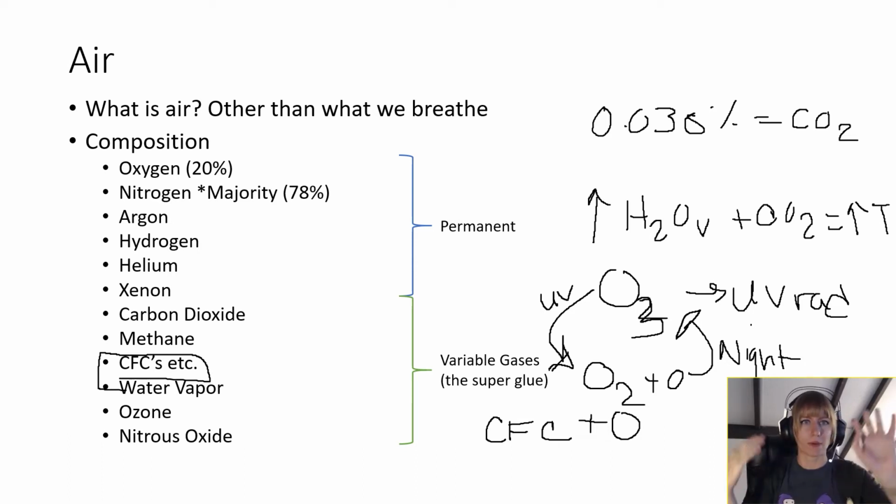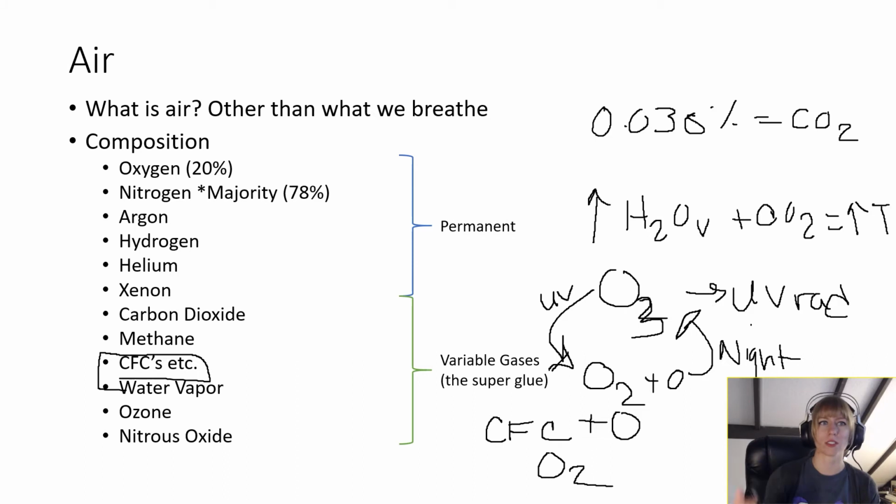So then you have all these other O2s just hanging around going like, hey, wait, we were in a relationship. We need to get back together. And the oxygen that's with the CFC is now like, well, now I can't. I'm with someone else. We're never getting back together. Or maybe the CFC says, nah, bro, they're mine now.